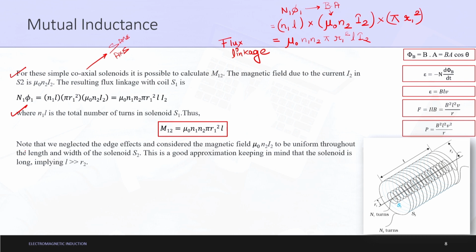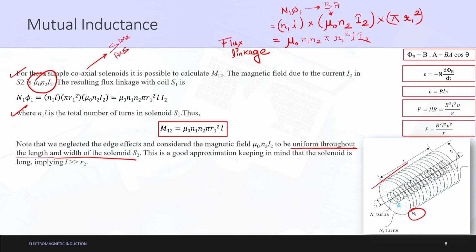Moving on. Note that we neglected the edge effects and considered the magnetic field mu naught N2 I2 to be uniform throughout the length and width of the solenoid S2, that is, the B value is constant. Where is S2 acting? This is S2.